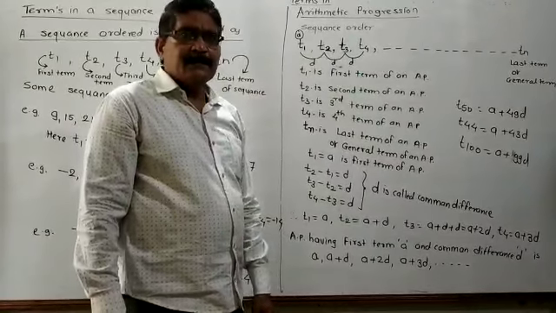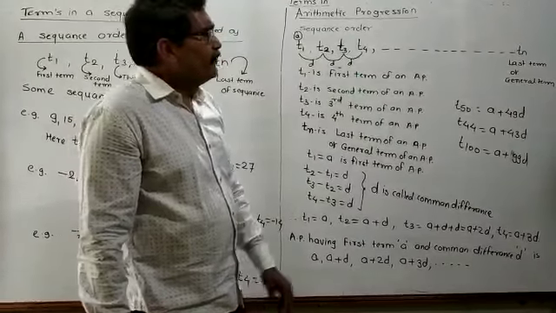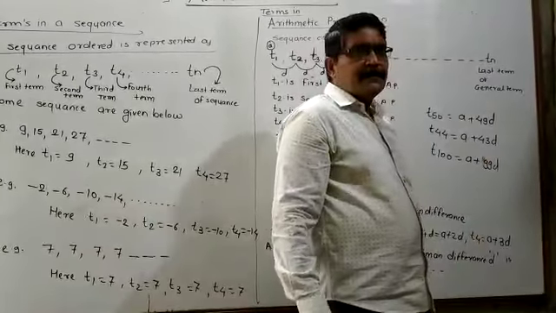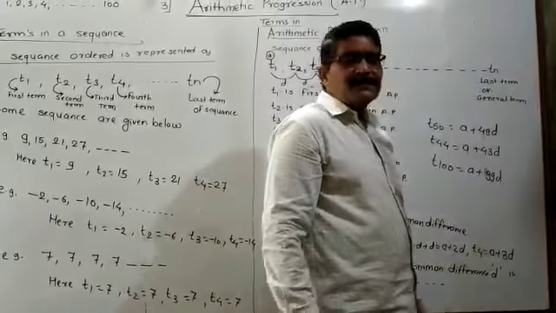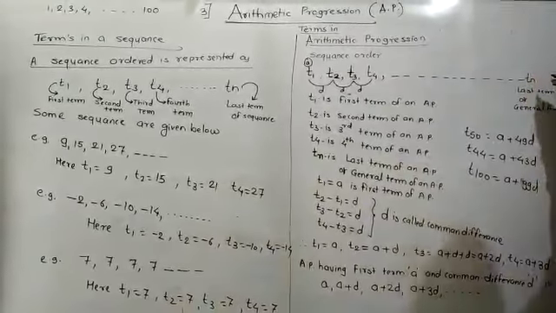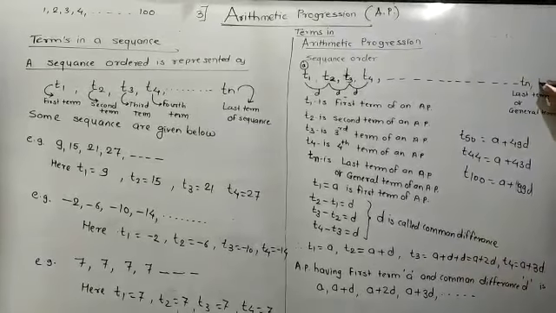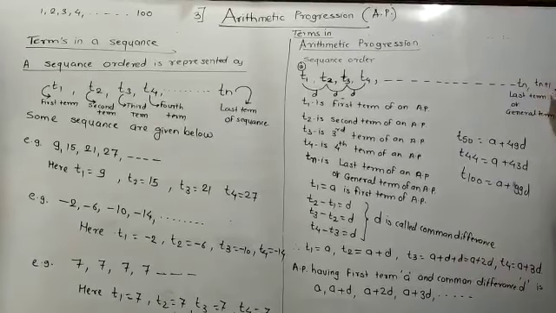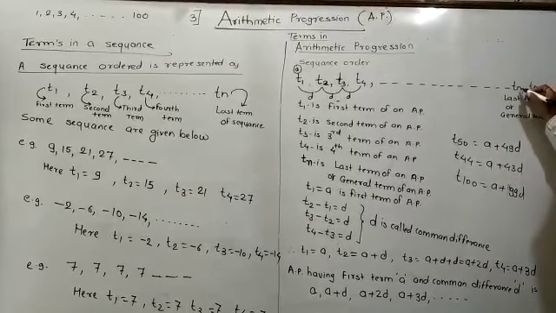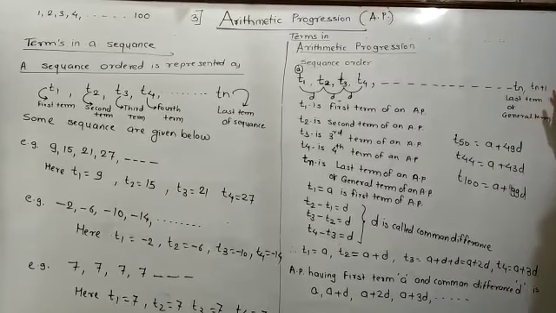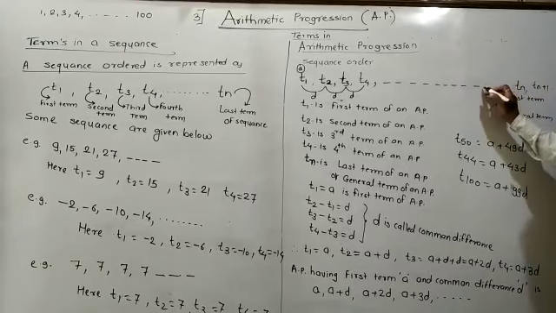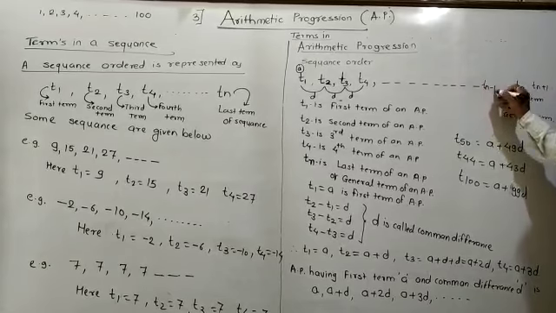Everybody understand? Then if you say that this is the Tn term, what are the next term and the previous term around Tn? I will write this with dots. The next term will be Tn plus 1, because the next term is one more than the previous, and the previous term will be Tn minus 1.